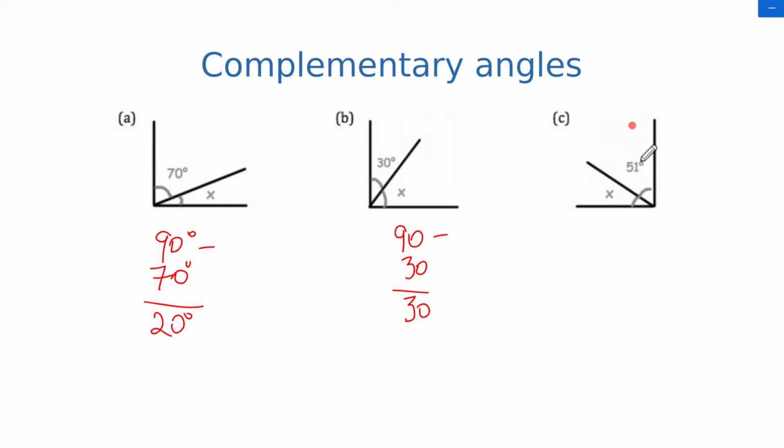If you have more than one angle, you have to add up the two of them, and then you take away from 90 degrees. Here we do 90, take away 51 degrees. That should be 39 degrees. So this angle is 39 degrees.